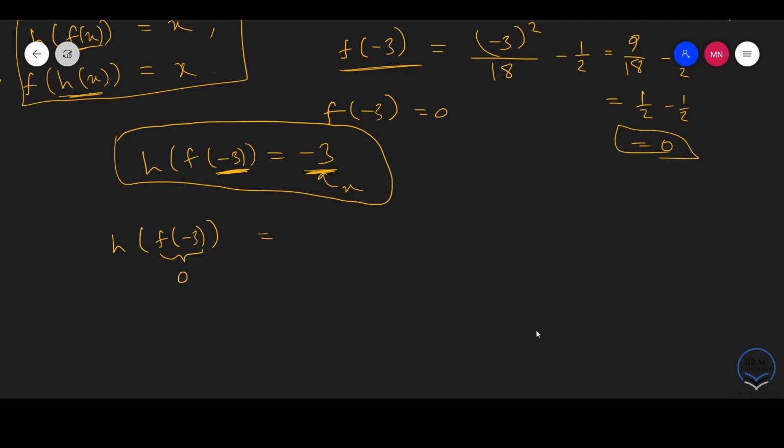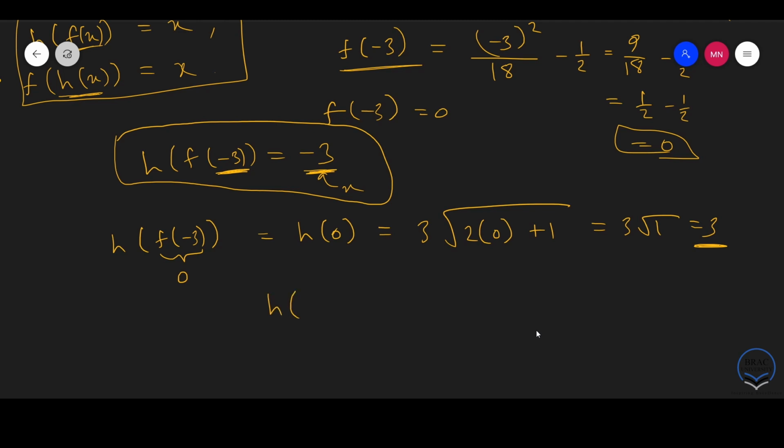So h of 0 is equal to the square root of 3 times 2 times 0 plus 1. So this just gives us 3. So rather than getting minus 3, we got 3, right?